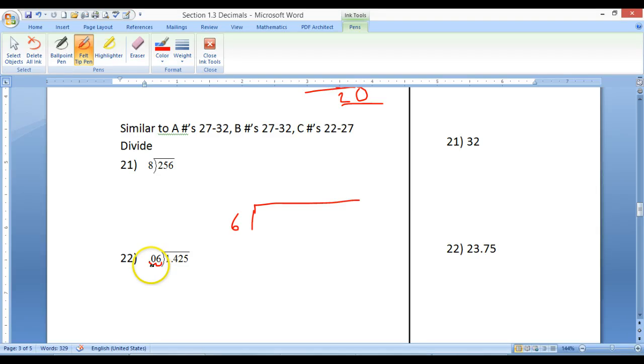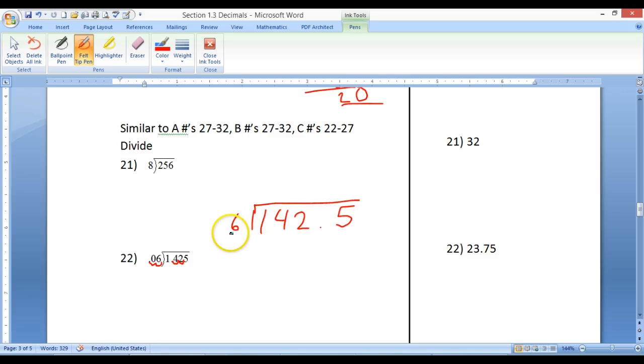So if I moved it 1, 2 to the right, I need to move this over 2 place values to the right as well, which means this really becomes 142.5. There we go. So now I can start dividing.